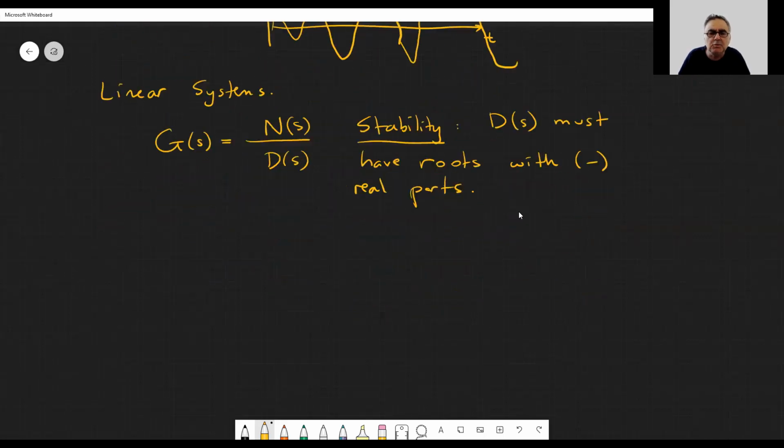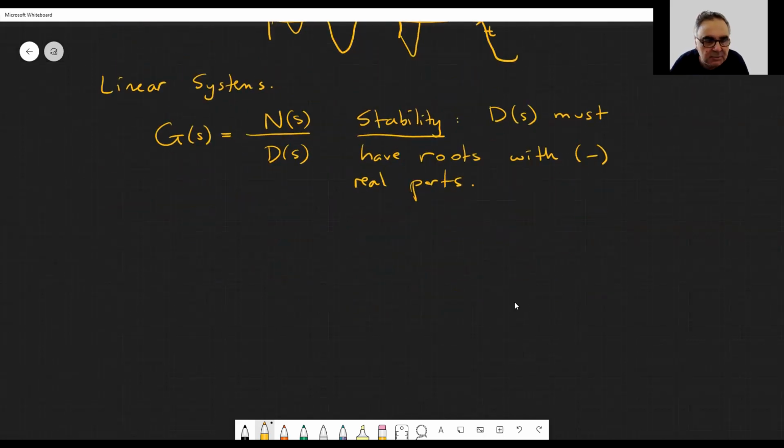That is the poles of G of S. We talked about the poles of G of S. Poles of G of S are, as you know, the roots of D of S. Let's call them Pi, okay?